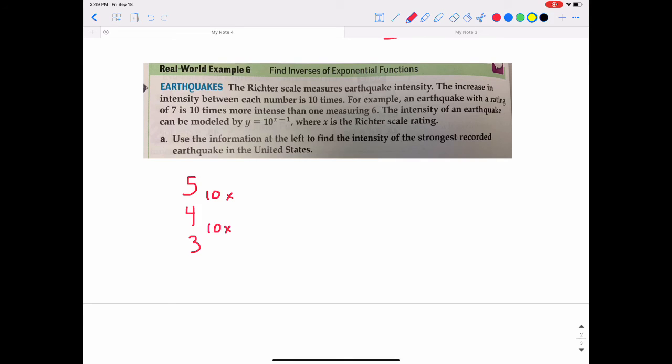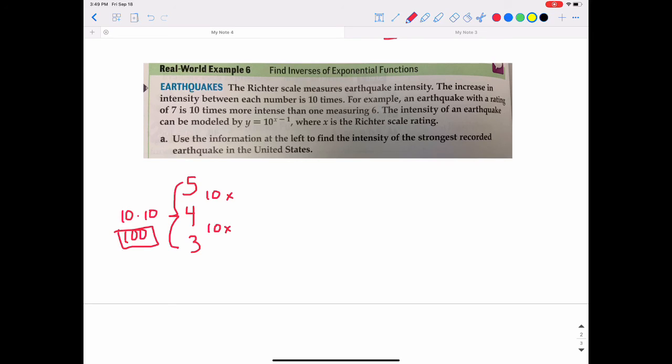So when you compare a 5 to a 3, it's 10 times more powerful and 10 times more powerful, so that becomes 10 times 10, which is actually 100 times more powerful. So it's not just a little bit more powerful, as some people believe. It's actually 100 times more powerful.